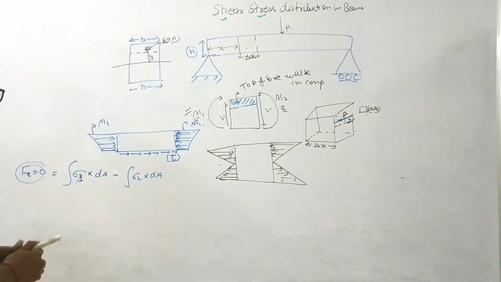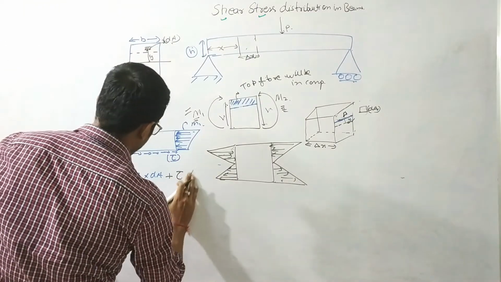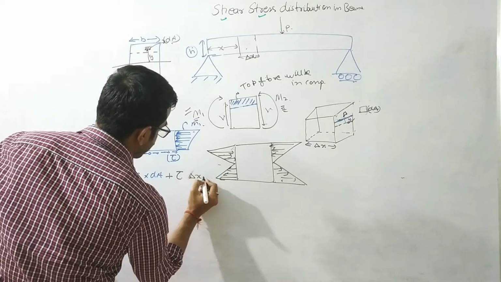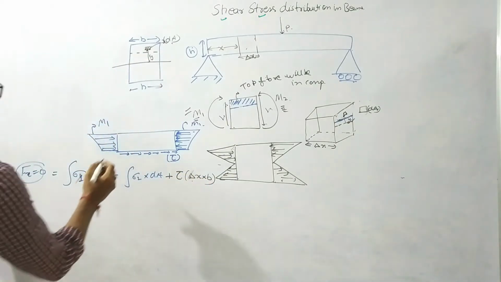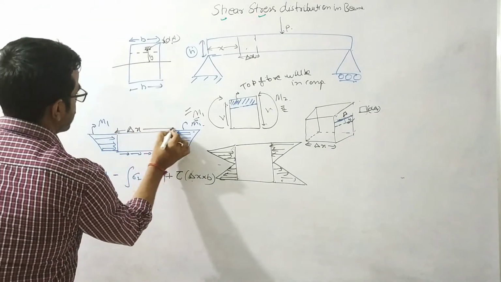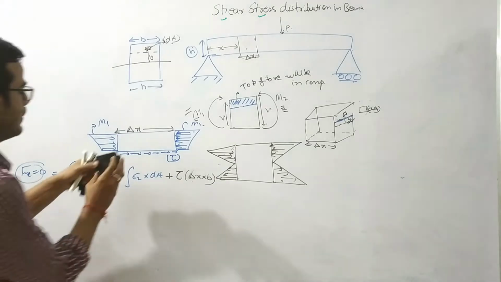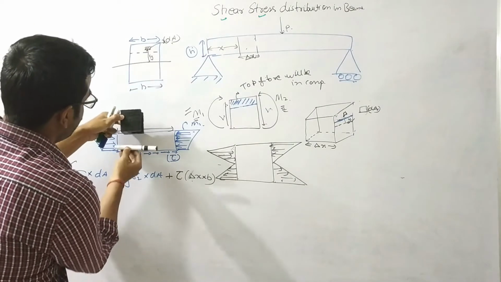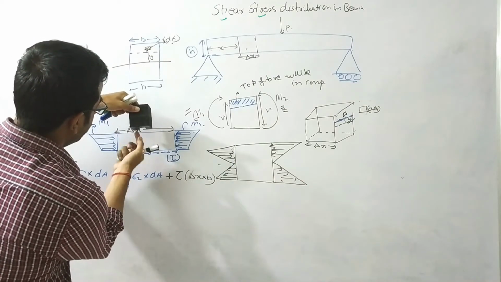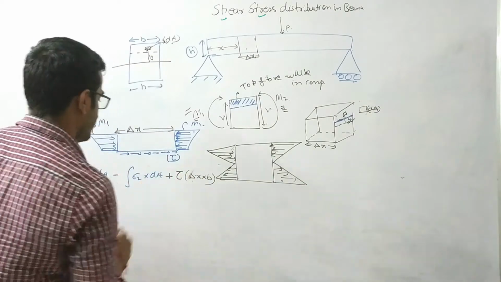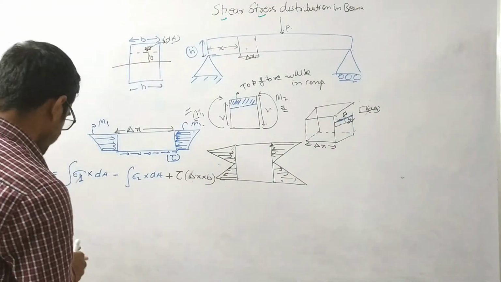So I can write plus tau delta x into b. This distance is delta x, so my total shear force, acting in this direction, will be this delta x into this width, which will be balancing this extra force. So this should be 0.